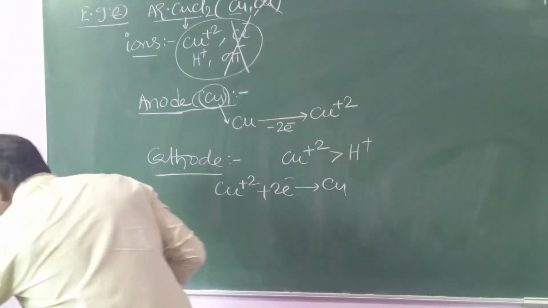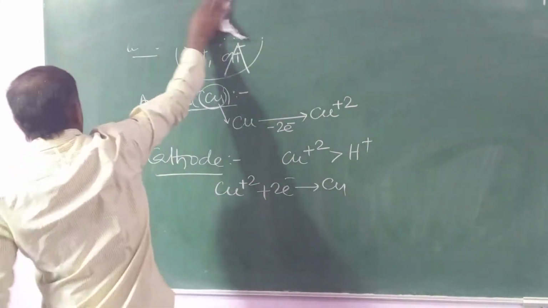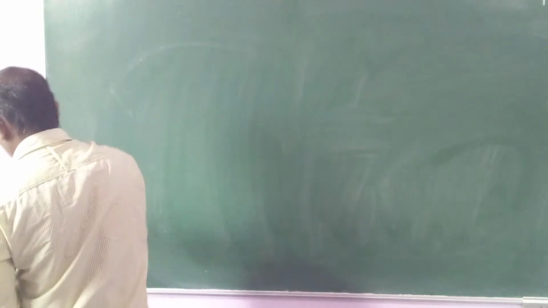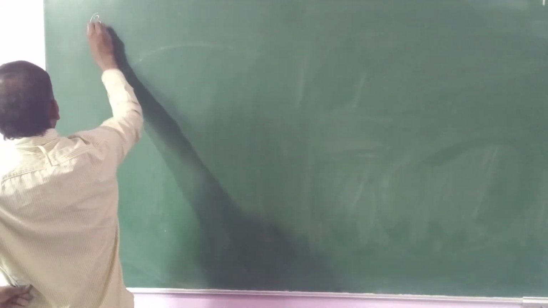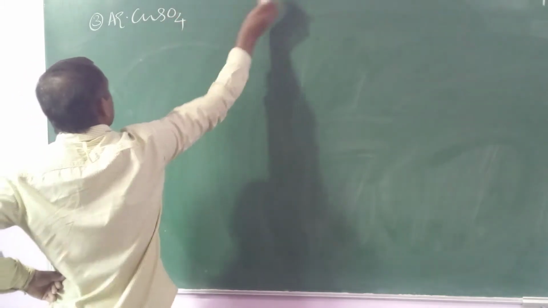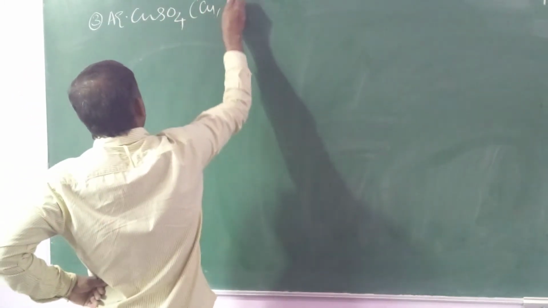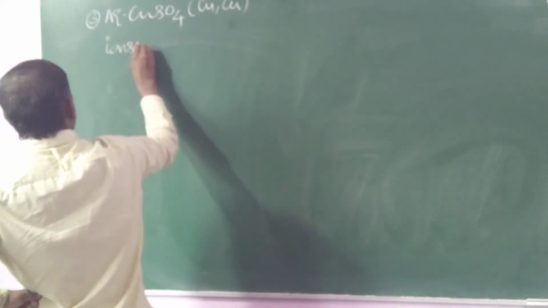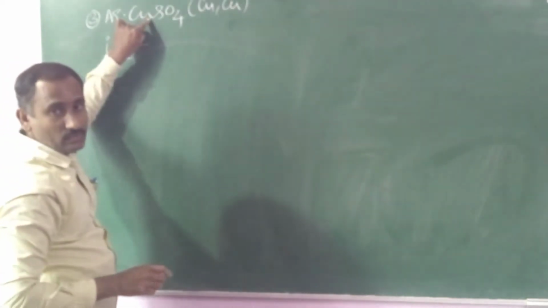Next, one more example. Example 3: aqueous CuSO4 with copper electrodes. So how can you identify the products? First of all, what are the possible ions?